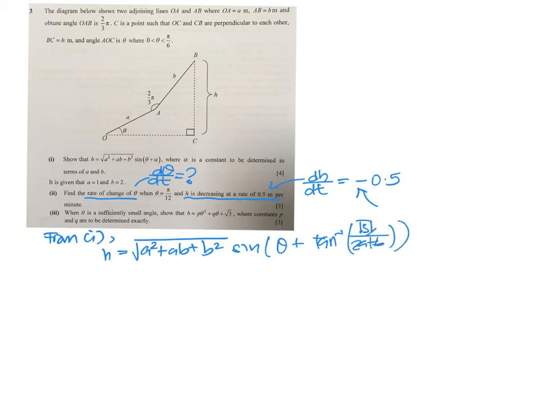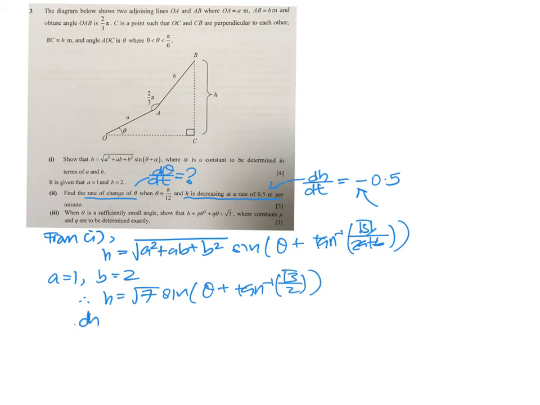So with this relationship, before that, let's put in the values. A equals 1, b equals 2. So therefore, my h is square root 7 sine theta plus tangent inverse root 3 over 2. So with this relationship between h and theta, we can form the connected rate of change formula between dh dt and d theta dt, which is dh dt equals differentiate h with respect to theta and the rate of change of theta.